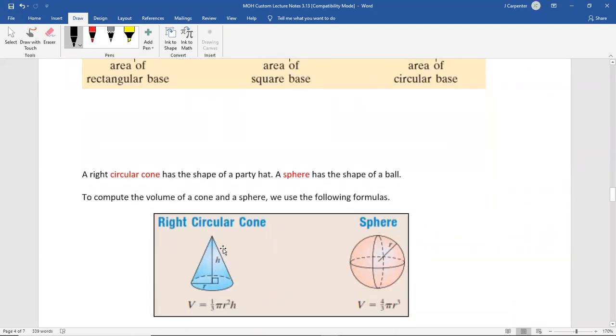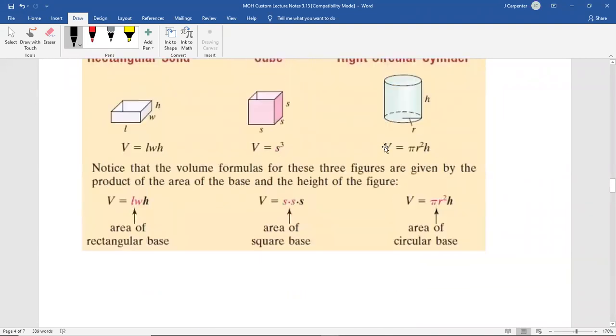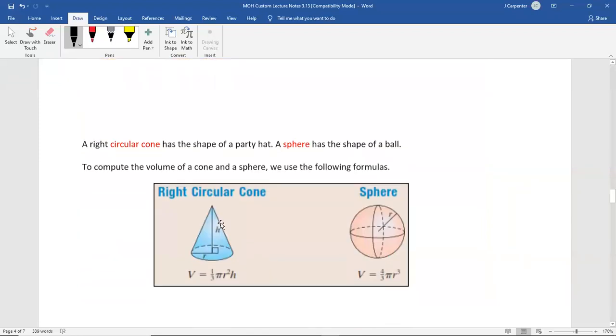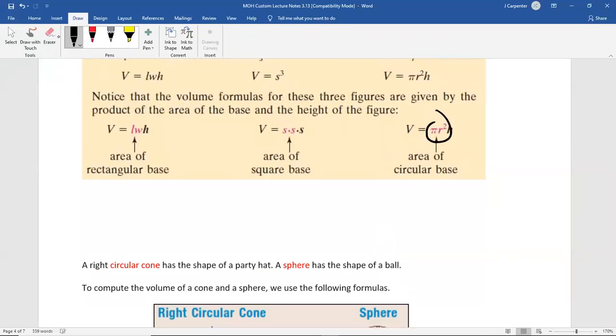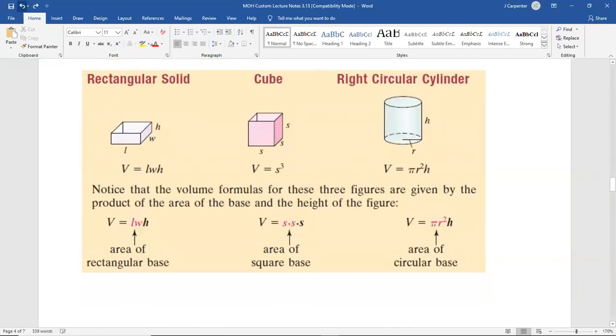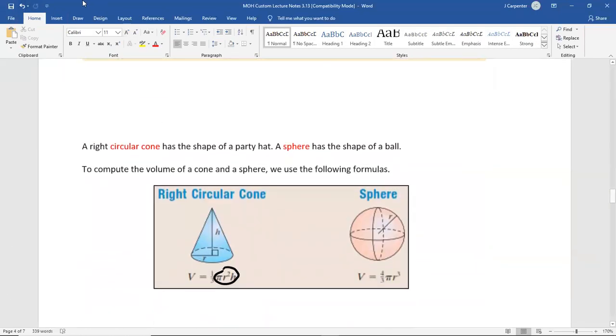So the fact that this is slanted, for some reason, makes us multiply the volume of a can by one third to get a cone. But again, this chunk is identical to that. It just has that extra one third in front of it.